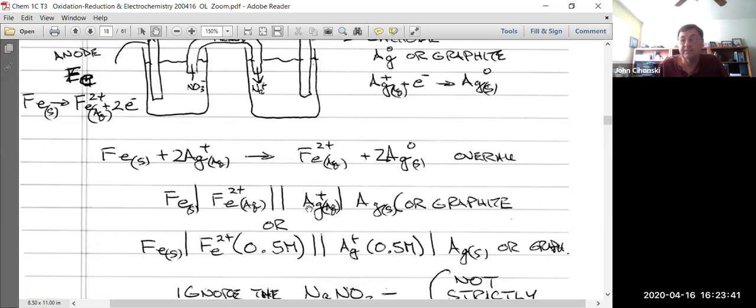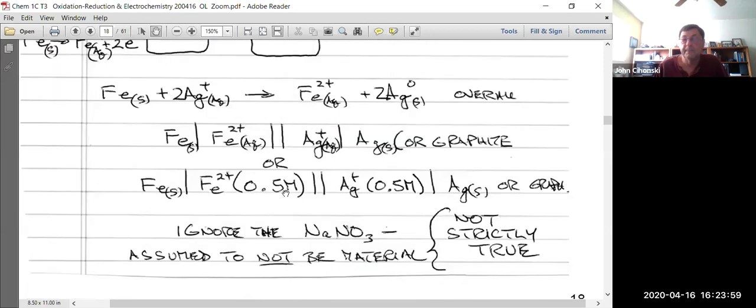And then on the cathode side, we have the aqueous solution of the silver and the line, the bar, and the silver or graphite for the electrode. Phase changes, salt bridge. Now, remember we said we actually wanted to do 0.5 molar. So it would be iron, this solution, we would change to 0.5 molar, and the same for the silver.